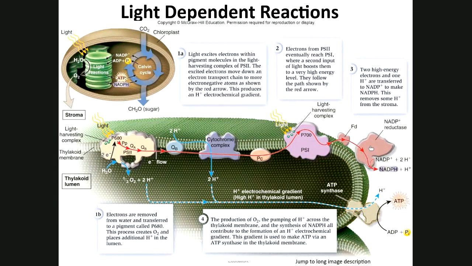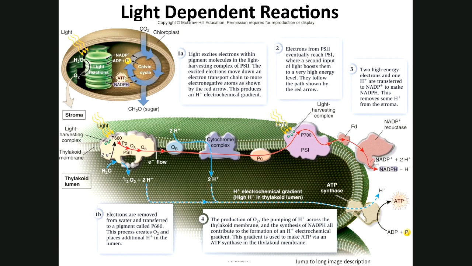And this gives it energy to produce NADPH. In fact, the electrons arriving here will be accepted by NADP+. So when NADP+ receives an electron, it gets reduced to NADPH. And so finally the electron is going to be accepted by NADP+, which will reduce it to make NADPH. So this is how we make NADPH.